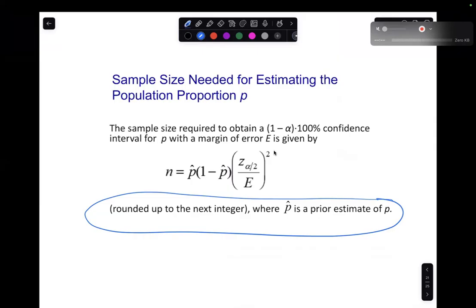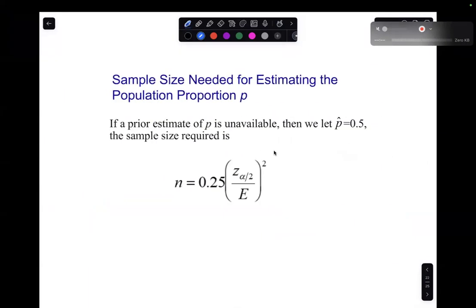If I calculated a sample size and it said the sample size I needed was 105.2, 105 is good, but it's not going to give me my margin of error and confidence level that I need. I have to round up to 106. Always round up to the next integer. Always, always, always. Okay, let's math.